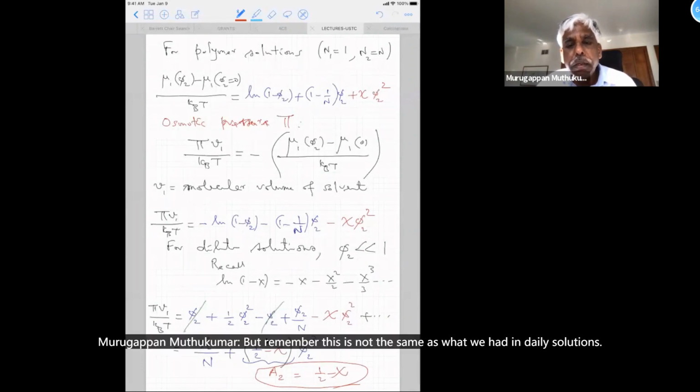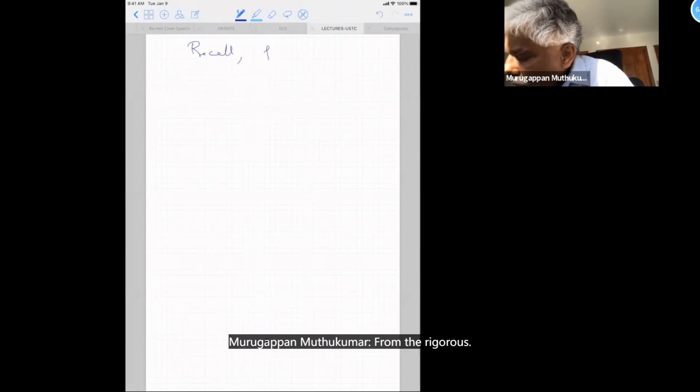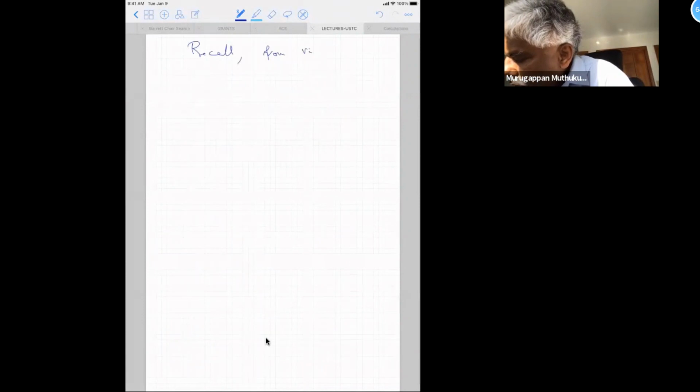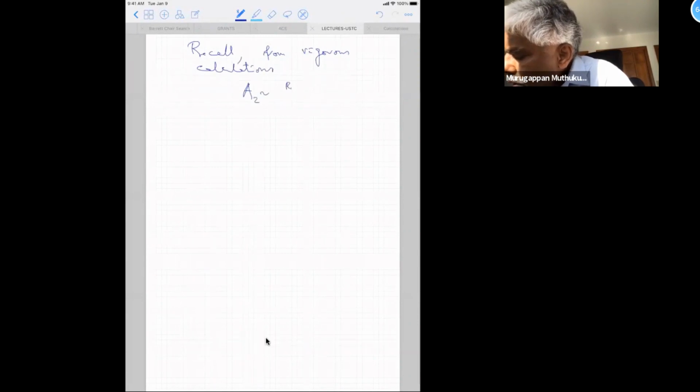But remember, this is not the same as what we had in dilute solutions. Right? Recall from rigorous calculations, we found A2 going like RG cubed, right?